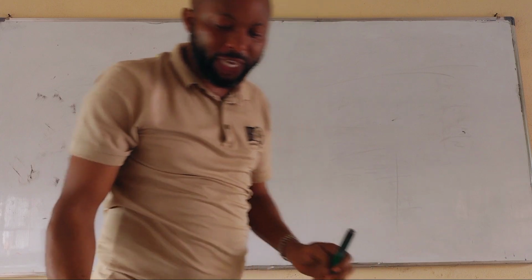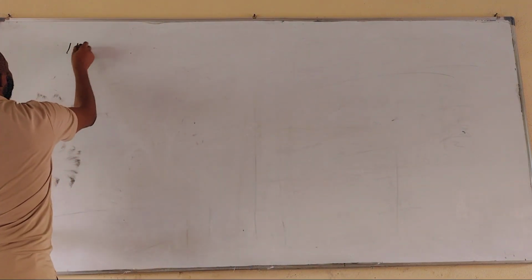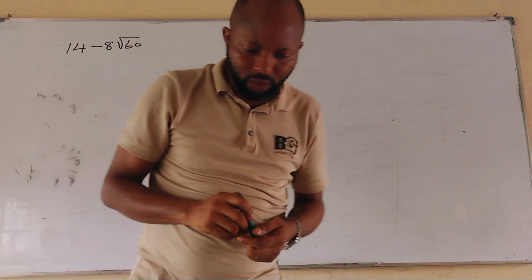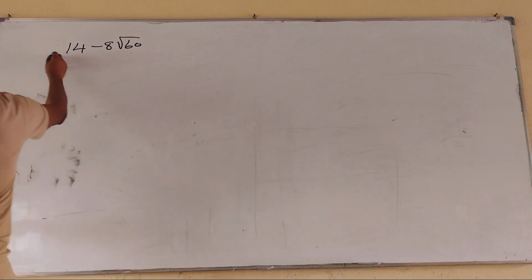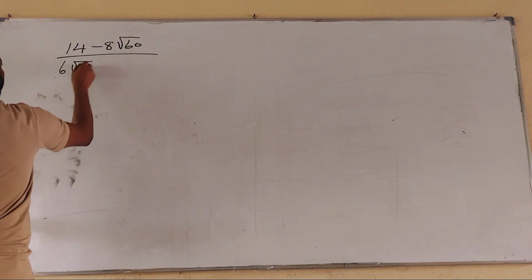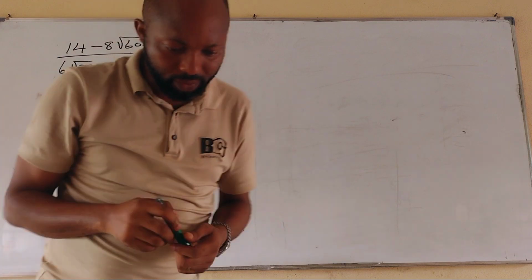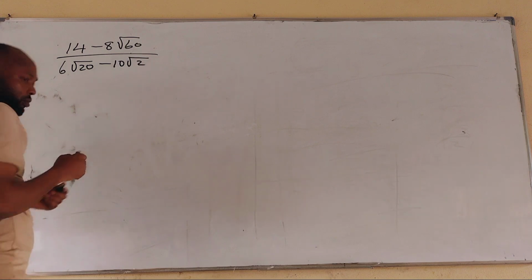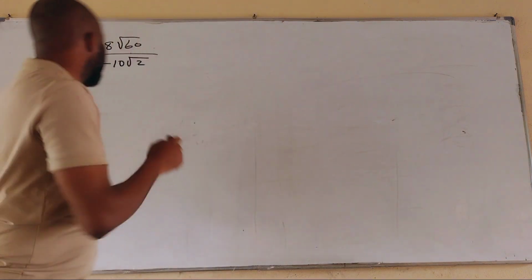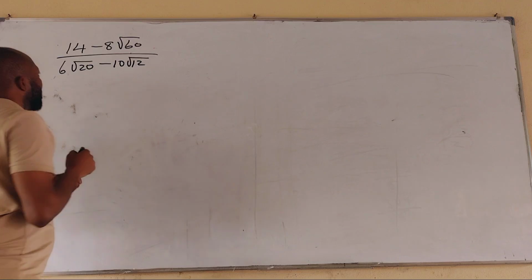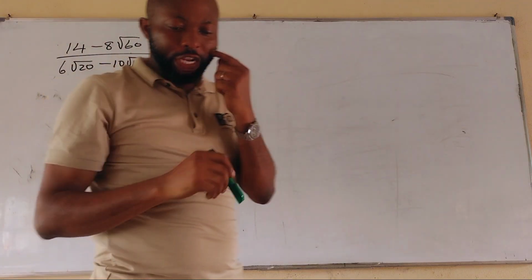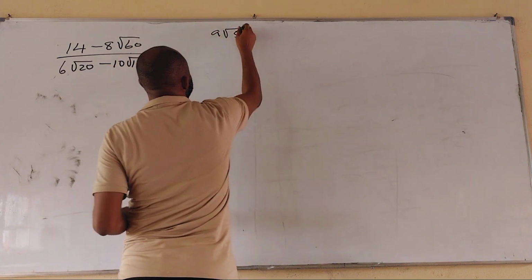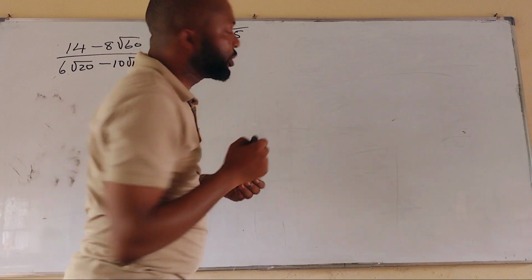Express 14 minus 8 root 60 over 6 root 20 minus 10 root 2, sorry, root 12, in the form a root 5 plus b root 3.